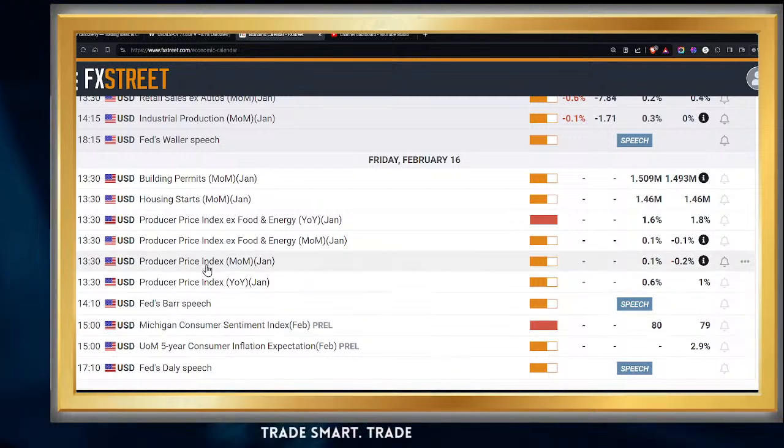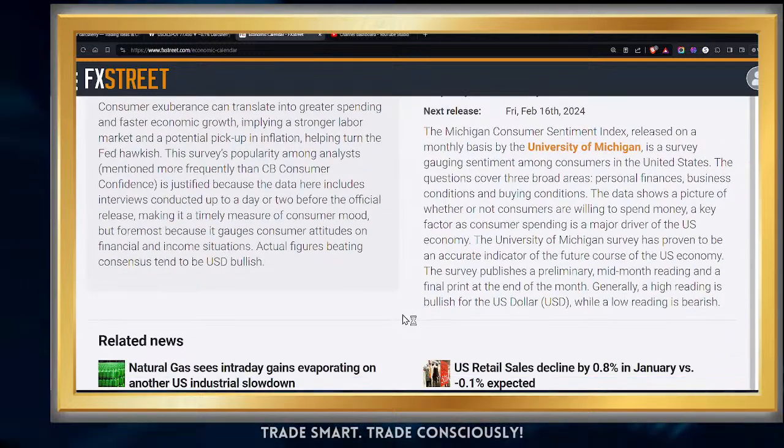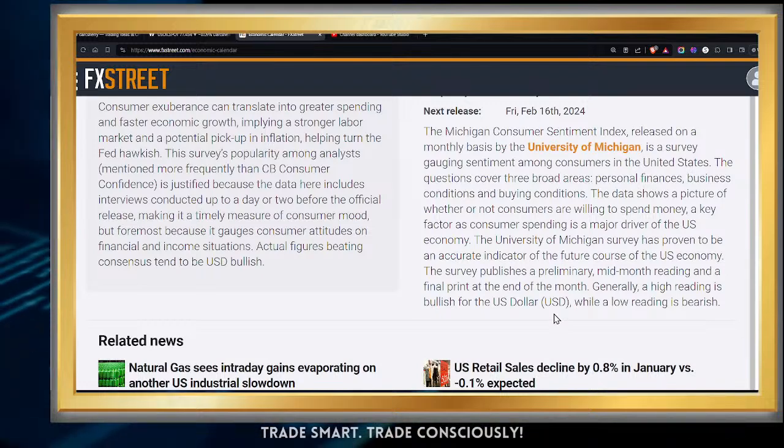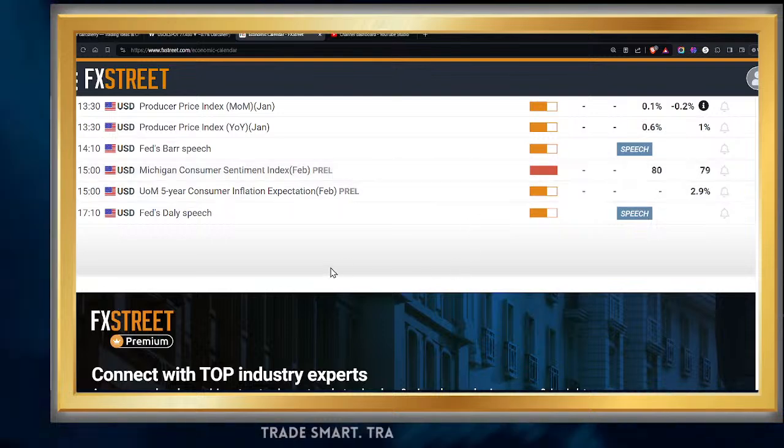Now, from the look of things here, if we do have a figure higher than expected, it's generally seen as bullish for the US dollar, while a low reading will be considered as negative.